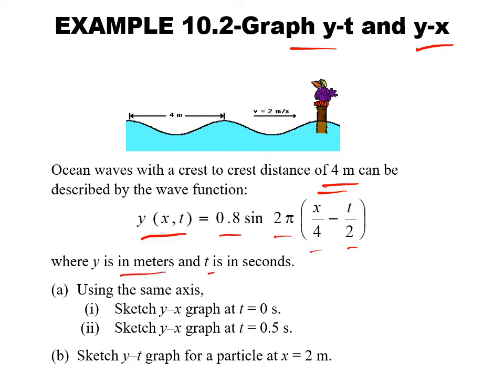You need to use the same axis. You need to sketch the y against x graph at t equal to 0 seconds and the y against x graph for t equal to 0.5 seconds. For question B, you need to sketch the y against t graph for a particle at x equal to 2 meters.